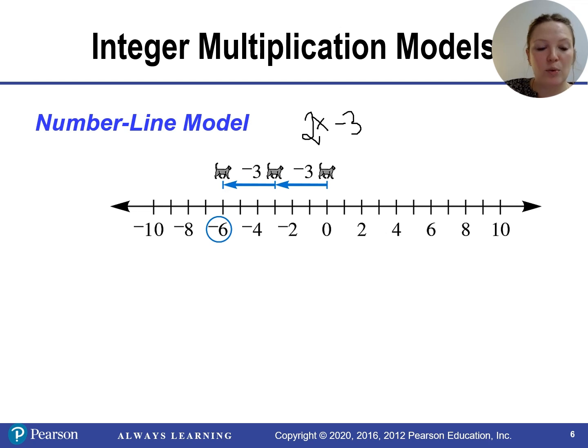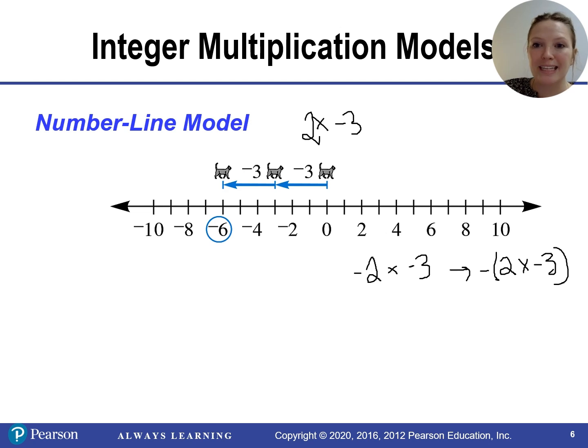Now, if instead we had -2 times -3, then we would use our associative properties to think about this as instead -2 times -3.